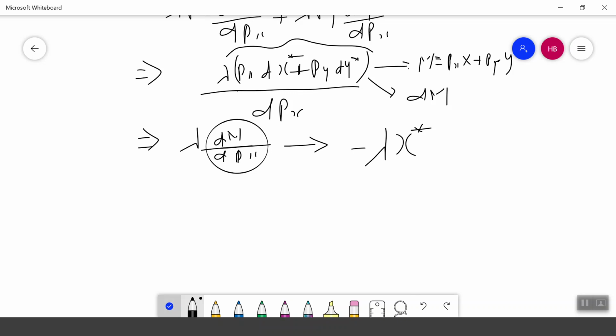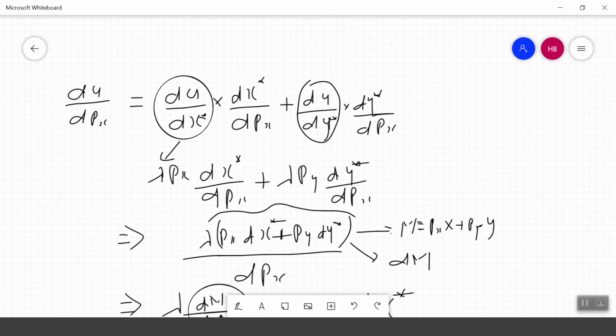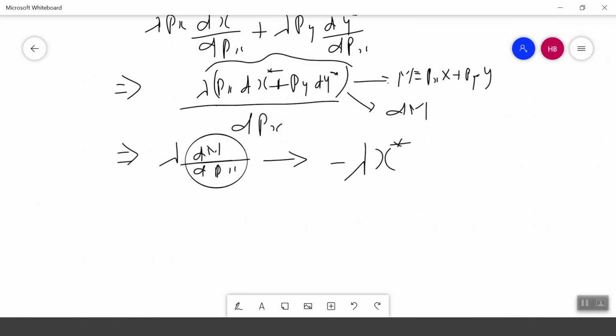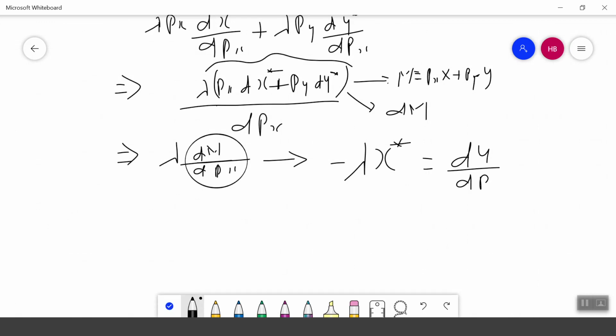So what we can say, the derivative du by dpx is lambda minus lambda x star. Take this as equation 1.